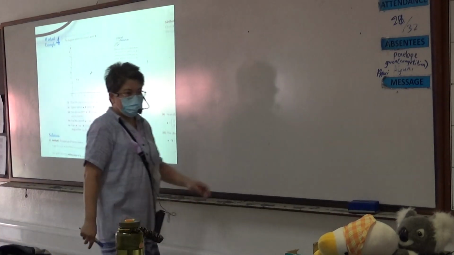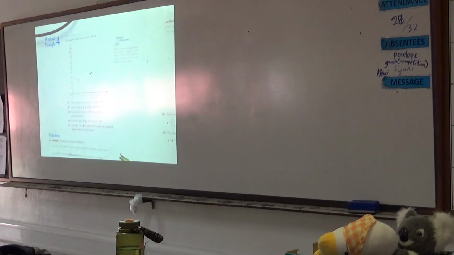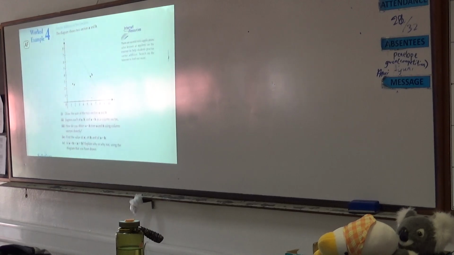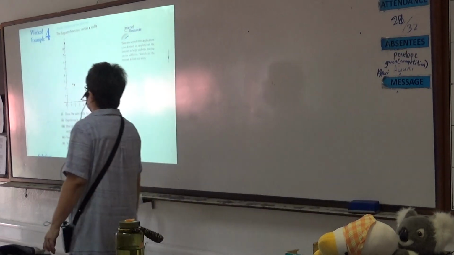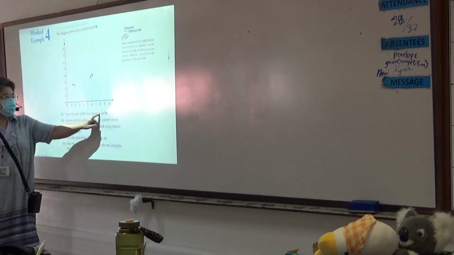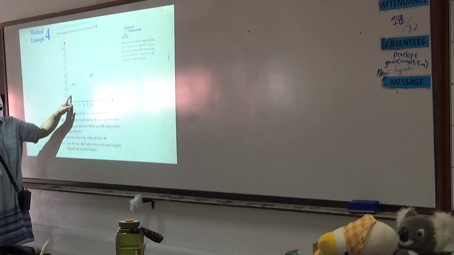I'll make it a bit bigger. Can all of you look at this particular picture here? The diagram shows two vectors A and B. All of you look up, please. Draw the sum of the two vectors A and B. Now, can you see this one is here?